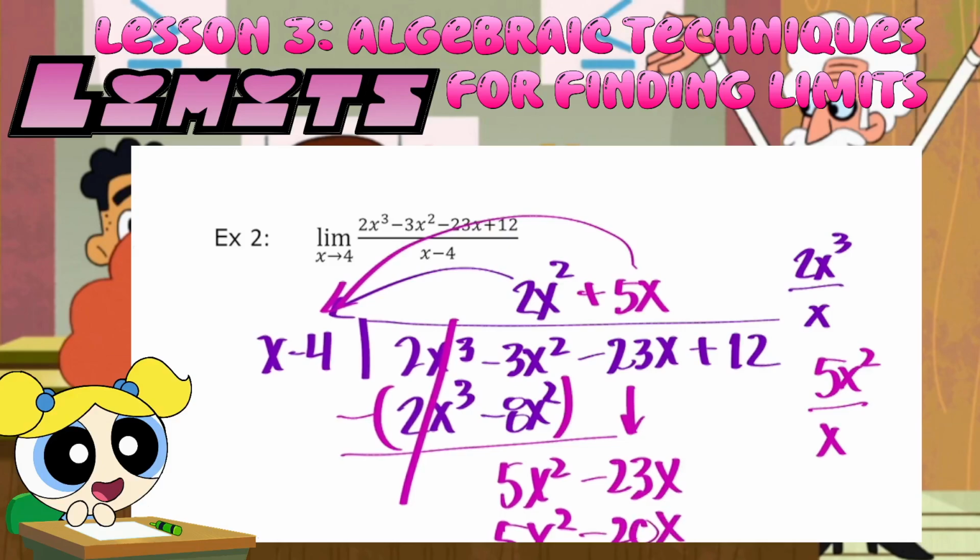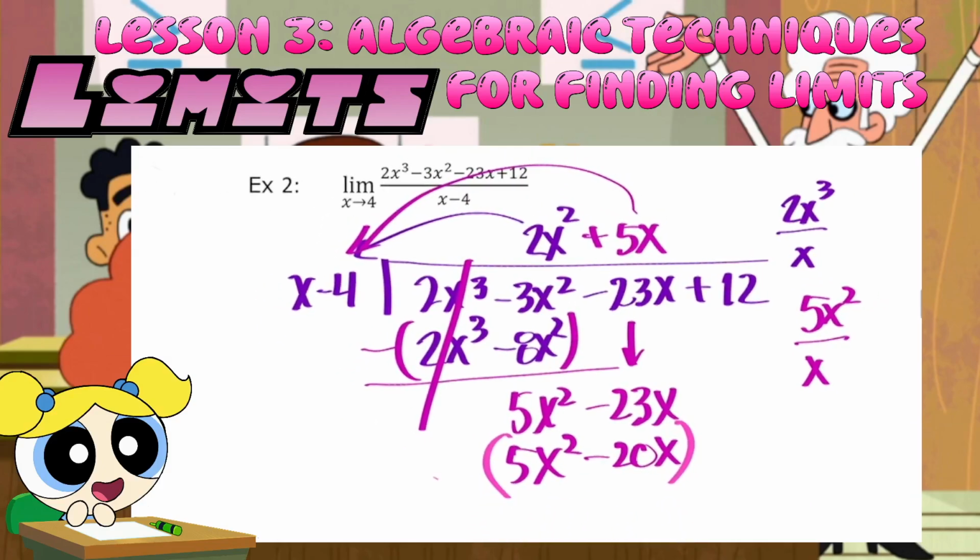And again, the phrase that pays is parentheses, minus sign, underline, cancel. If that first thing doesn't cancel, you're not doing it correctly. Even if the next thing gives you basically 0, don't cancel. Write 0x or 0x squared and carry on and do the steps as per usual, okay? Negative 23 minus negative 20 is plus 20, so that's negative 3x. Drop the next term, plus 12, and then we repeat.